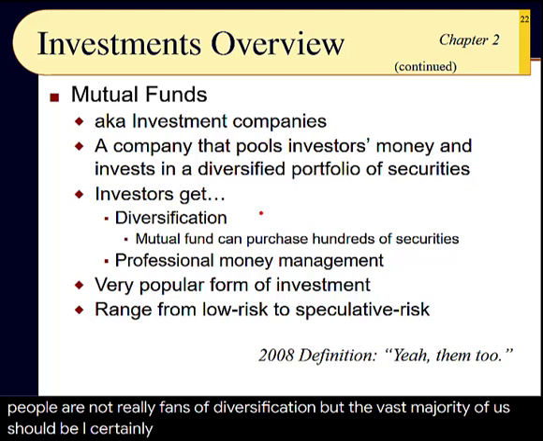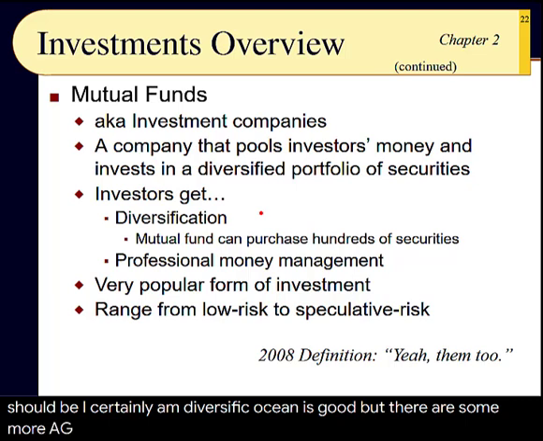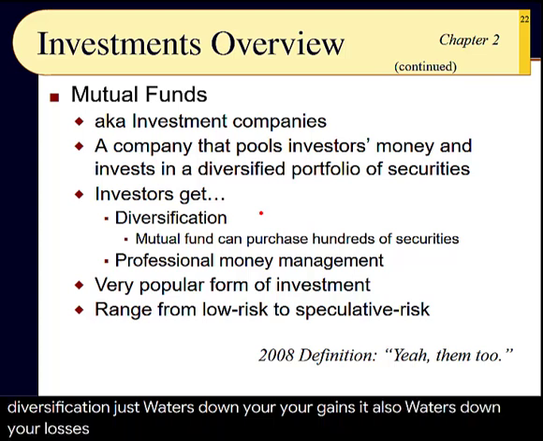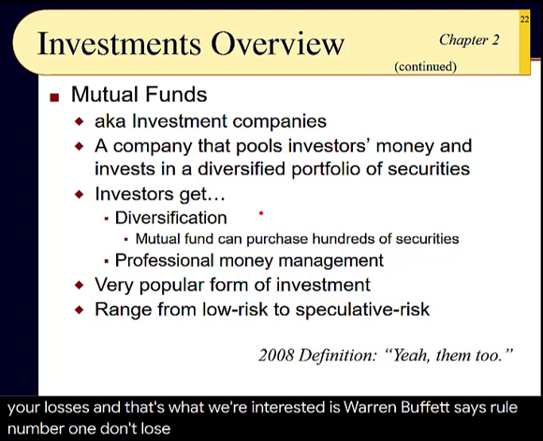I certainly am. Diversification is good, but there are some more aggressive, speculative, trading individuals who believe that diversification just waters down your gains. It also waters down your losses. And that's what we're interested in. As Warren Buffett says, rule number 1, don't lose money. Rule number 2, never forget rule number 1.